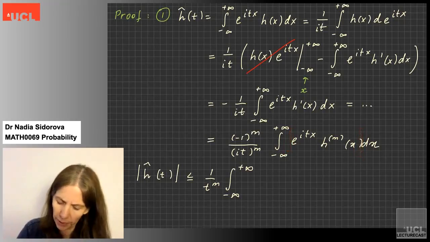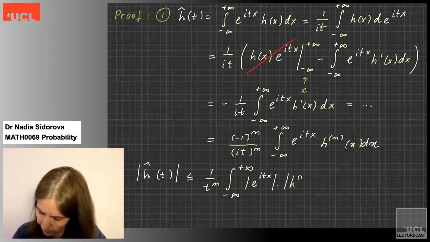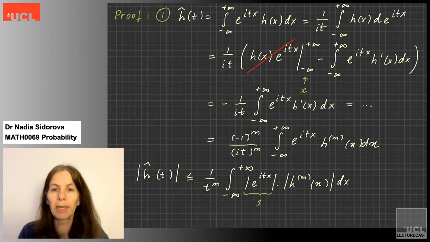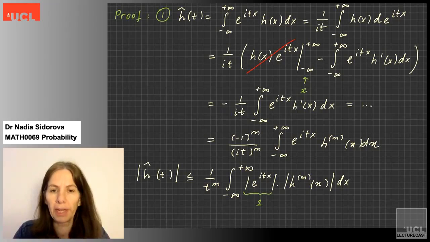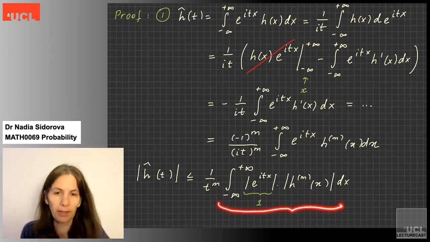So I could write an upper bound with the absolute value inside. So maybe let's do this one extra step. And also I will write it separately for both terms. Then, of course, this absolute value is just equal to 1. And since the mth derivative of h is Lebesgue integrable, this integral is finite. This is the definition of being Lebesgue integrable.